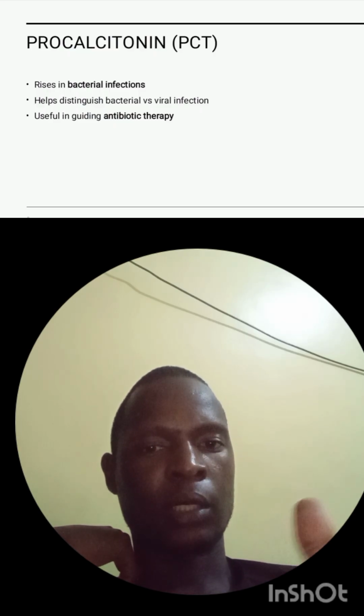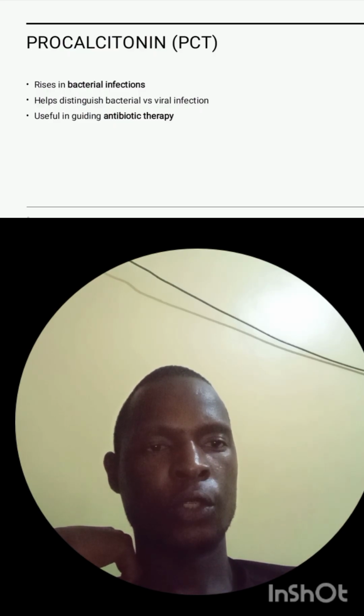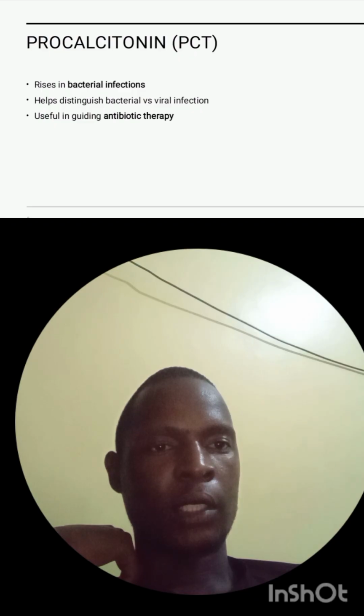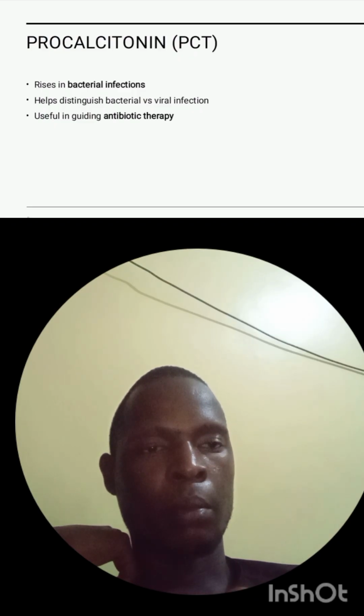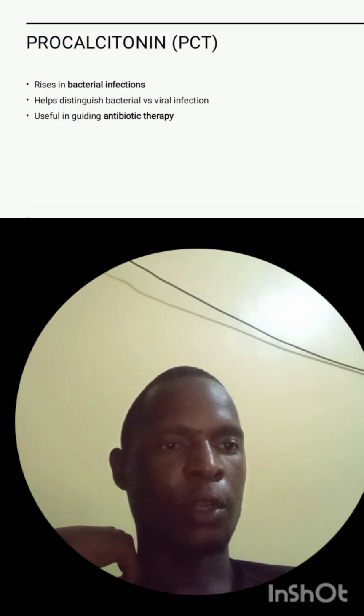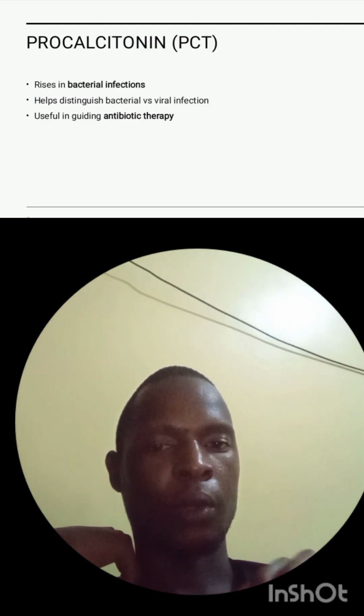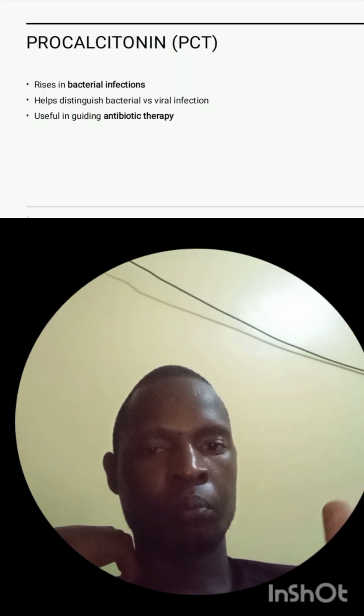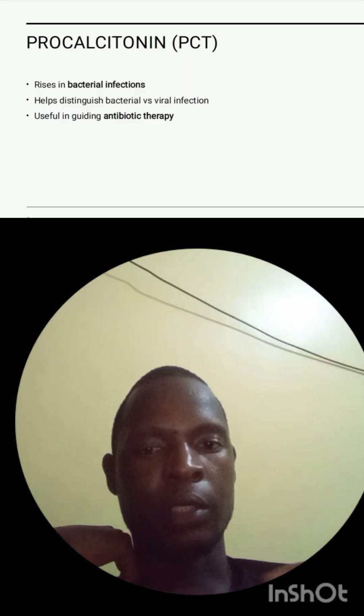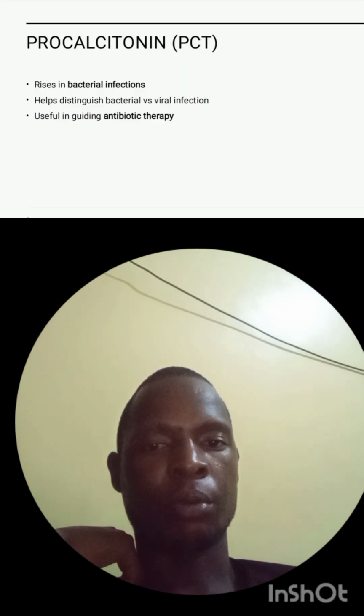So when your doctor suspects you of having a bacterial infection or your condition might be caused by a bacteria, your doctor will prefer a procalcitonin test, that is the PCT, because it helps. Its most important advantage is that it helps distinguish whether you are having a bacterial or a viral infection, and it's a good one in monitoring antibiotic therapy. When you are placed on antibiotics, we will check your PCT level maybe on a daily basis to monitor how well you are responding to treatment.